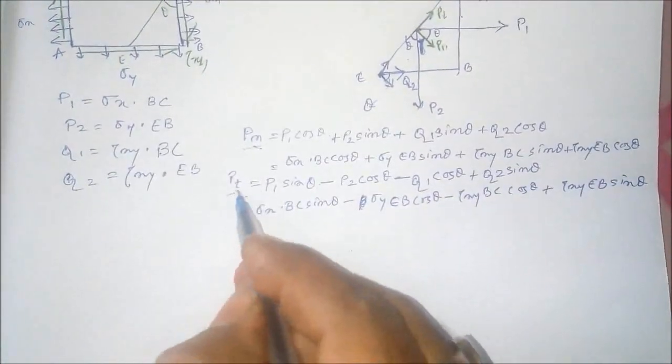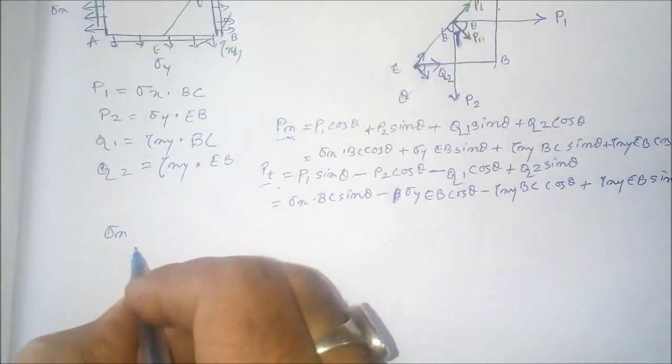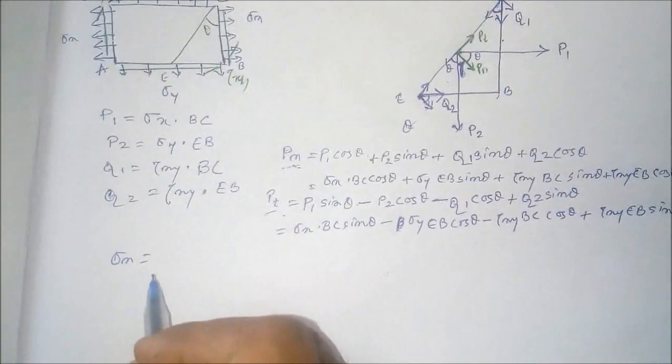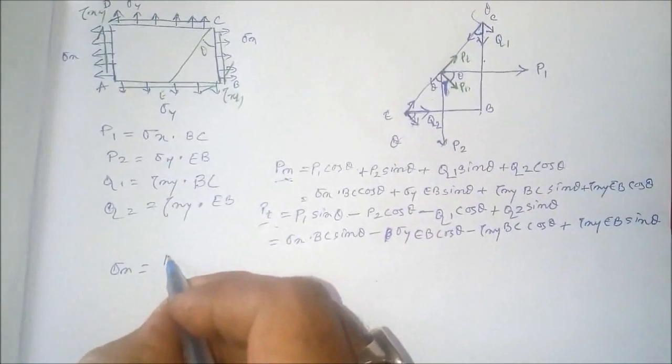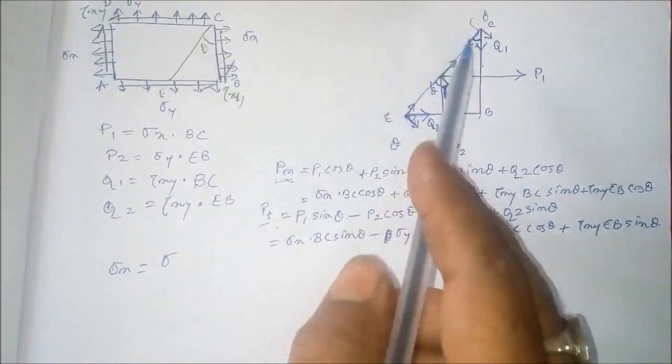What will be the stresses? That is the normal stress sigma n and the tangential stress or shear stress tau. Normal stress sigma n will be equal to the force divided by the area EC.